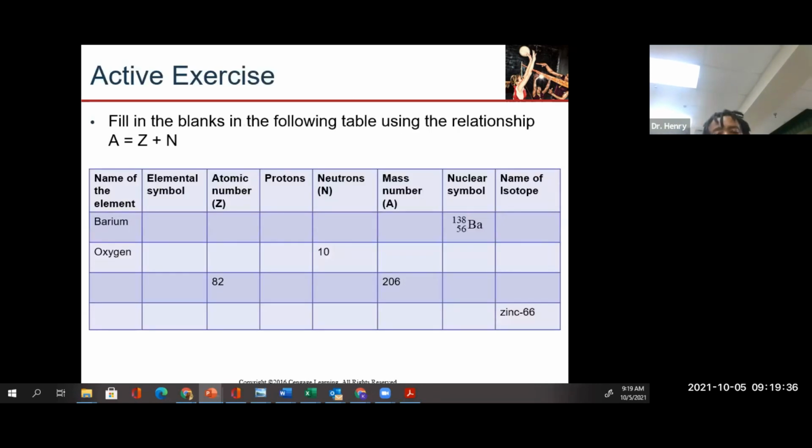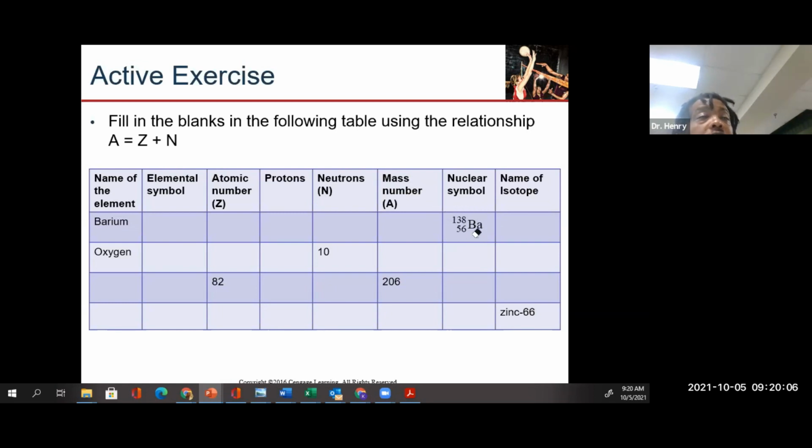Okay, so what I'd like you guys to do, can you guys write on my screen? I would like you guys to go ahead and fill this out. I'm going to give you, we'll say 10 minutes to fill out this table, knowing what you know. And pay attention. Now, this here is telling me that I have an isotope.